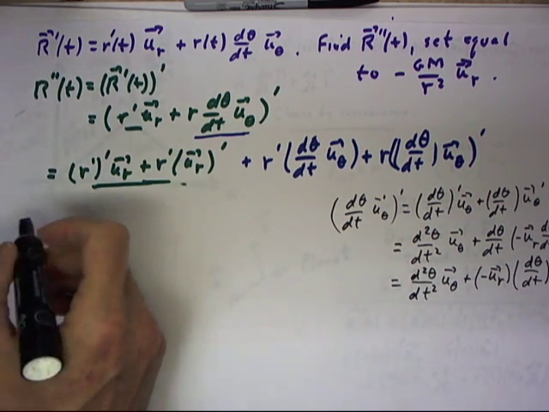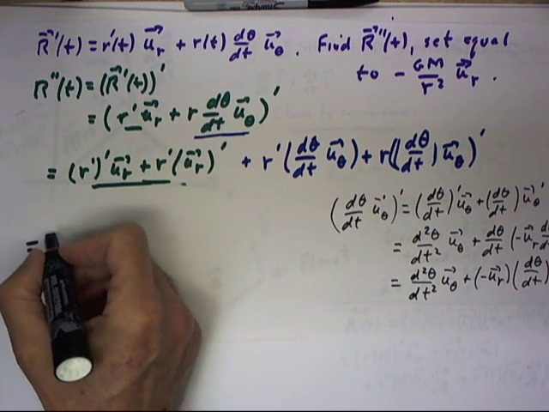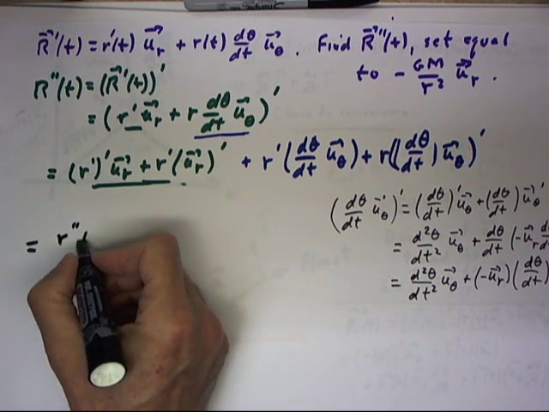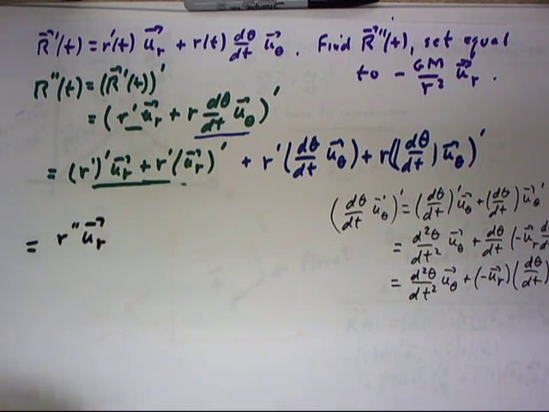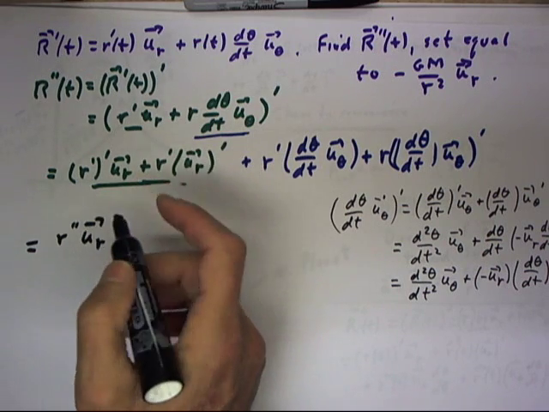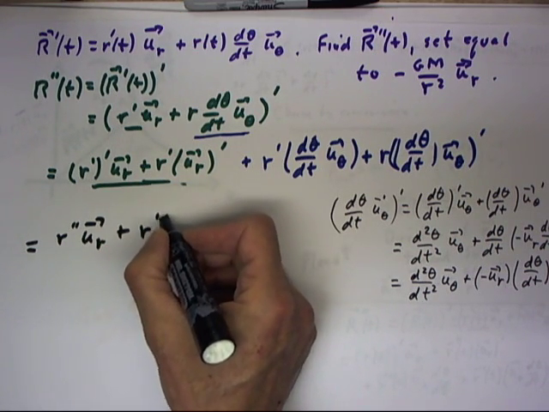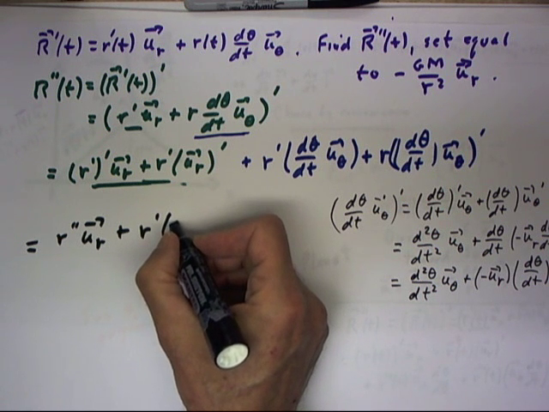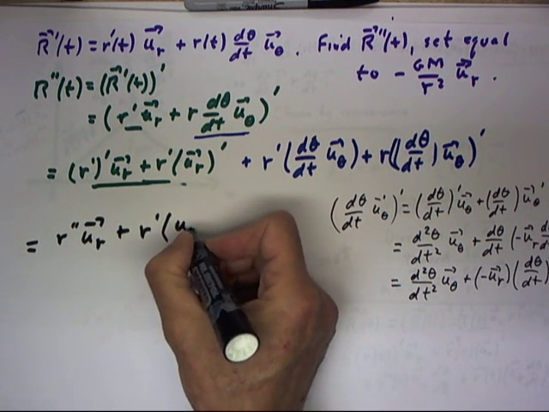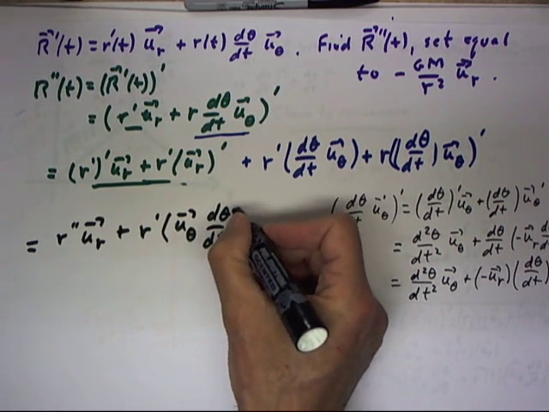So our expression for r double prime of t becomes what? R prime prime is just r double prime, and that's times u sub r. Now u sub r prime is u sub theta times d theta dt. So we have then r prime multiplied by u sub theta d theta dt.